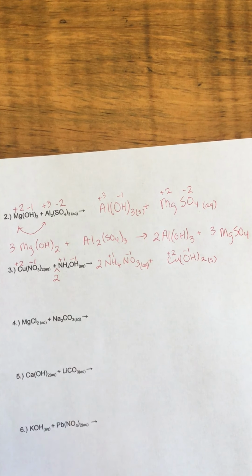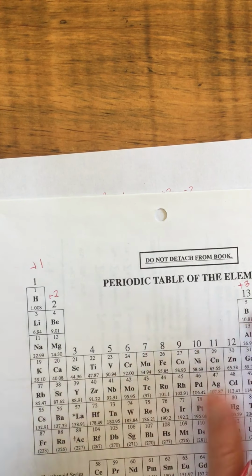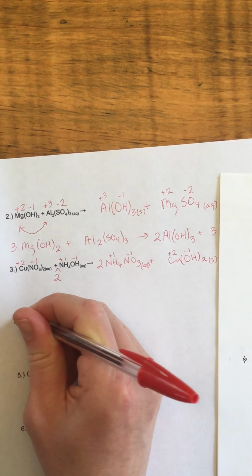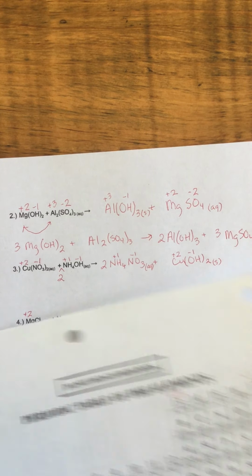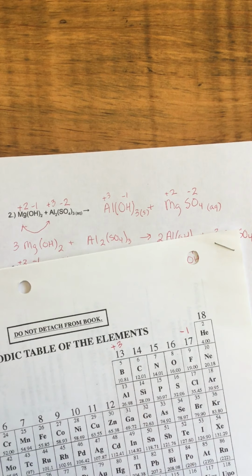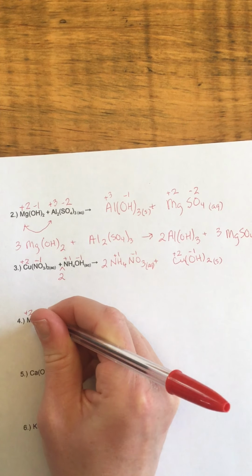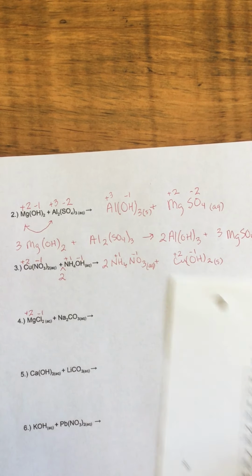Magnesium, based on where it is on the periodic table, has a charge of +2. Chlorine is listed here under column 17, and this has a charge of -1. Sodium is in the first column on the periodic table, so it would be +1.